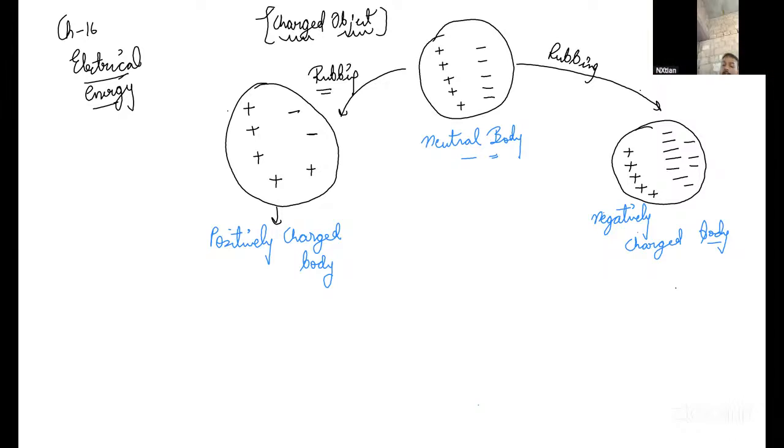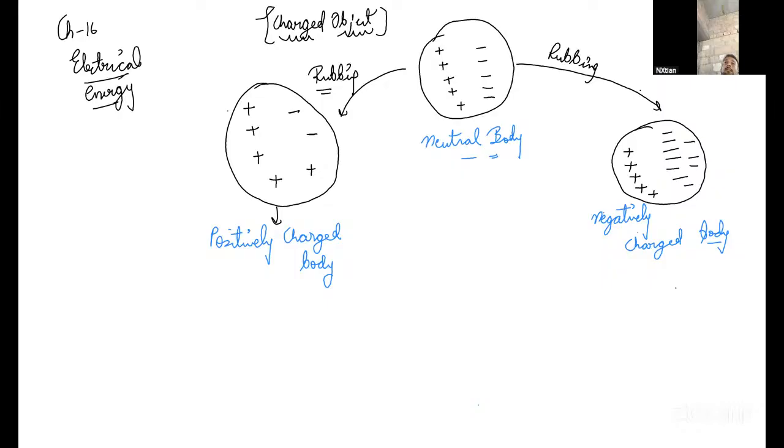Okay, now write the third point. Like charges such as plus plus, minus minus, will repel each other.